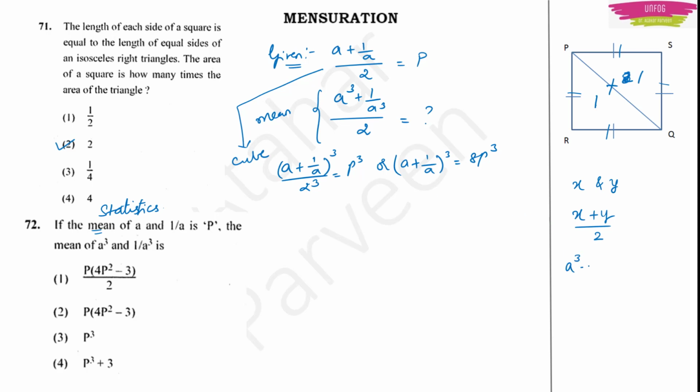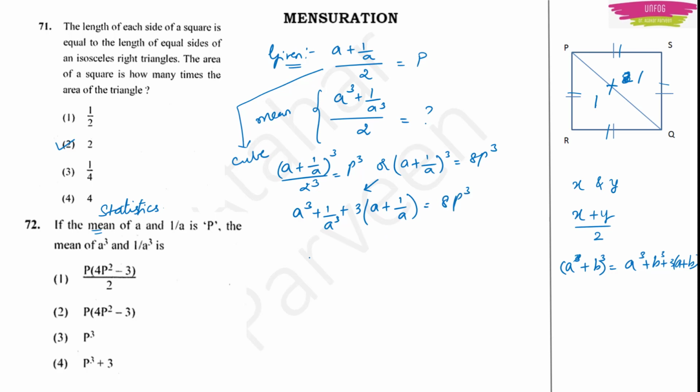What is that? A plus B whole cube will be equal to, now you apply that identity. A plus B whole cube is equal to A cube plus B cube plus 3 into A plus B. If you apply that identity, you get A cube plus 1 by A cube plus 3 into A plus 1 by A. This will be equal to 8 P cube.